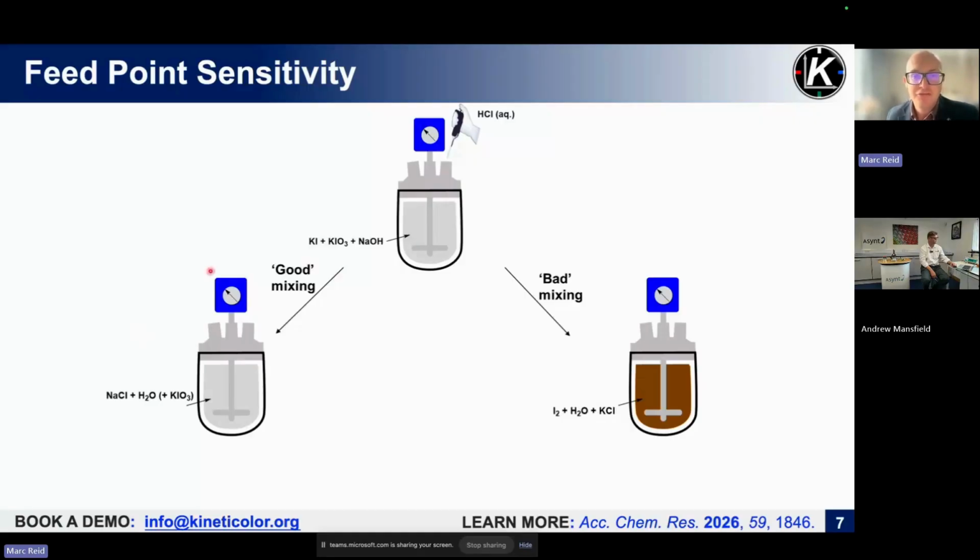However, if the hydrochloric acid is injected into this mixture and the mixing and the stirring is not very effective, we get high local concentrations of hydrochloric acid, and that leads to a side reaction that produces iodine. So rather than going from colourless to colourless, we have a process that goes from colourless to yellowy brown. So the more coloration in this reaction, the more we get a signal that mixing is not as good as it could be.